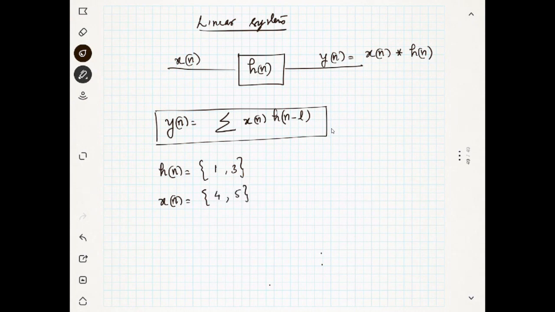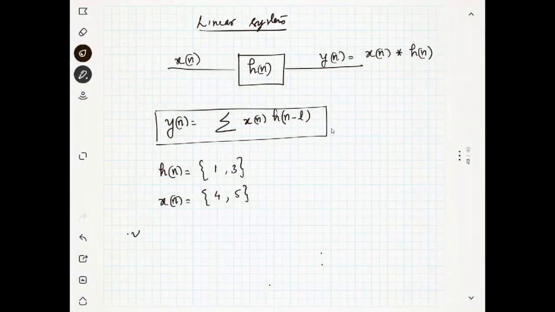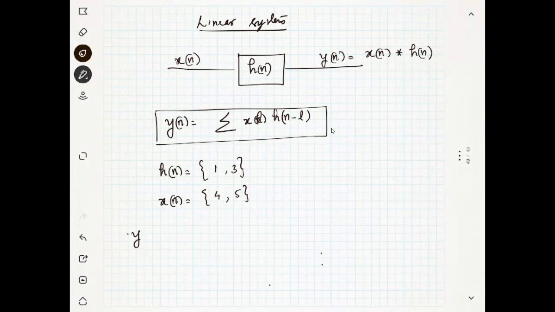Then y of n can be represented as, let's say n equal to 0, sorry, I made a mistake here: the summation of x of l into h of n minus l.